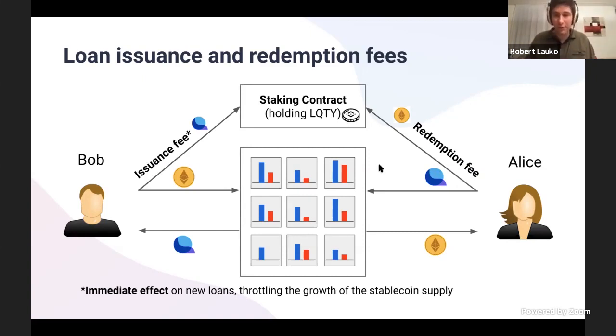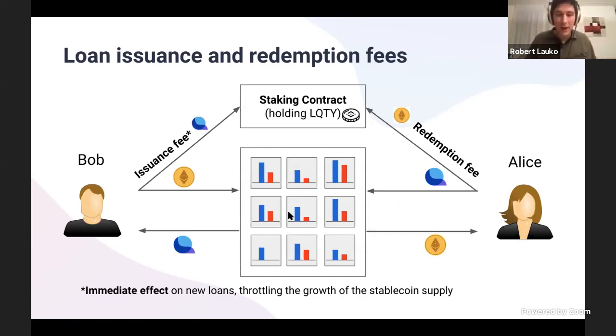Both fees are one-time fees, determined as percentages of the loaned amount or the redeemed amount. The fees are charged in LUSD for issuance and in Ether for the redemption, and they are collected in a staking contract, which holds our secondary token called LQTY. So the stakers of these LQTY tokens get a share of the fee revenue generated by the system.